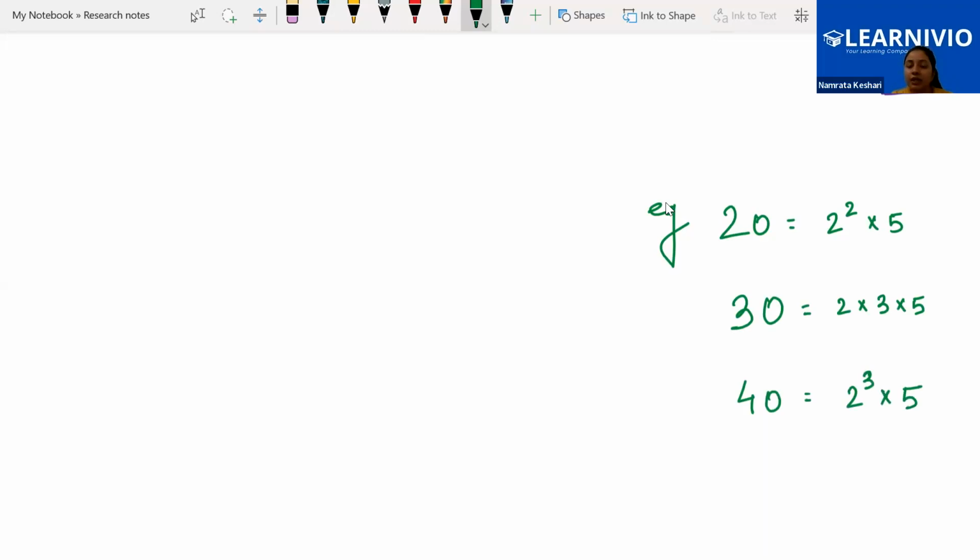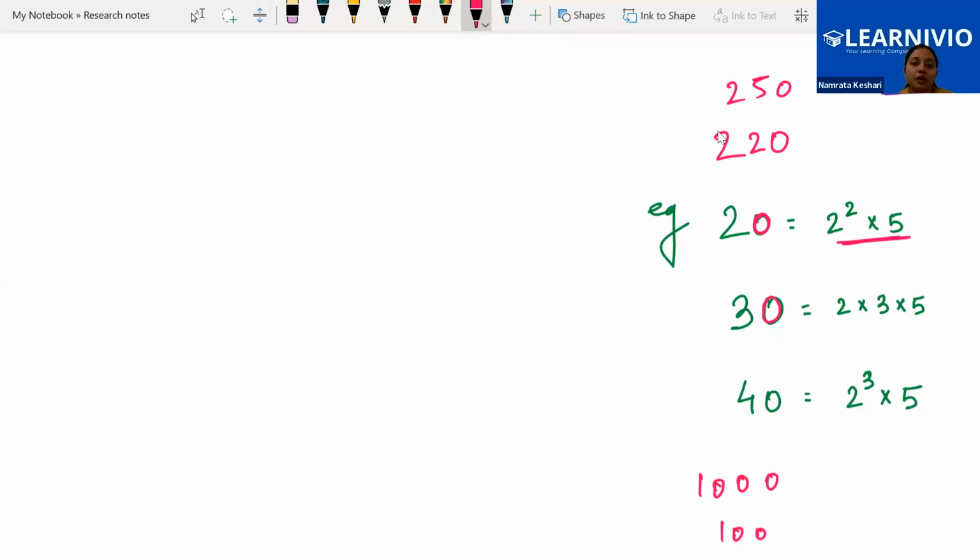So from here I am going to say one very important concept. Just look at the observation. Whenever we have the last digit as 0, you can take any bigger number, 100 or 1000, or any random number like 220 or 250. Whenever the last digit is 0, that number's factorization must have 2 and 5.